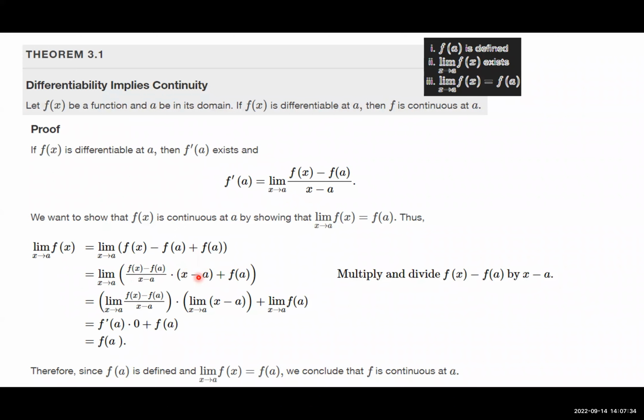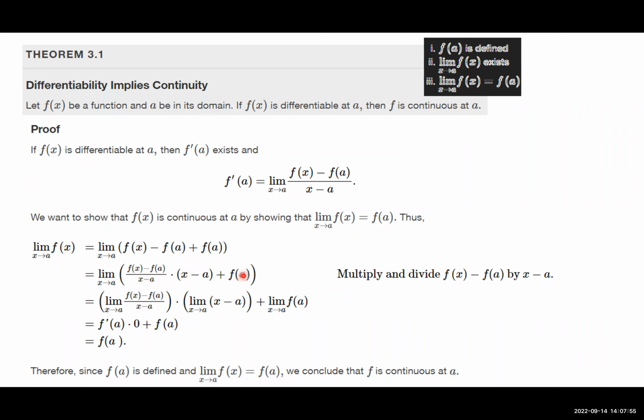And then you're going to use limit laws, which allow you to break this up into essentially three pieces. So you can take this product and break it up into two pieces.